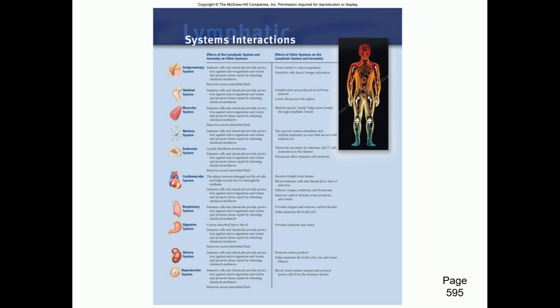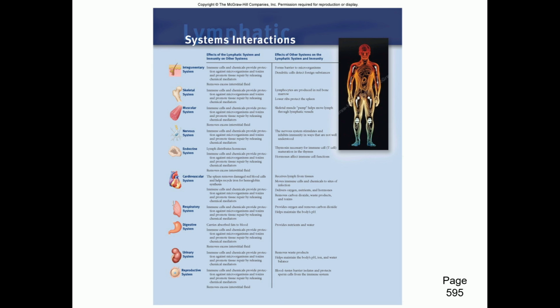cardiovascular system. Receives lymph from tissues, moves immune cells and chemicals to sites of infection, delivers oxygen, nutrients, and hormones, and removes carbon dioxide, waste products, and toxins. Next, we have the respiratory system.